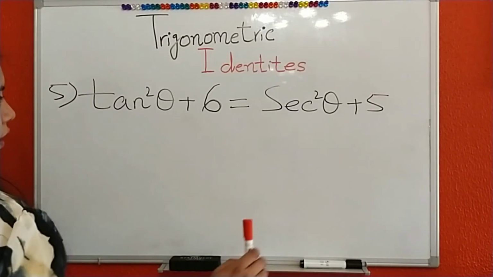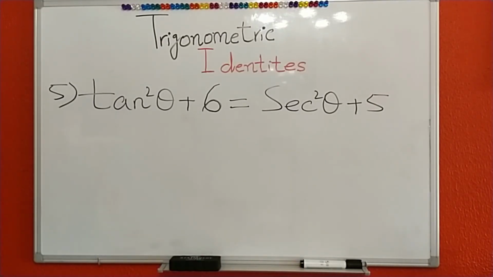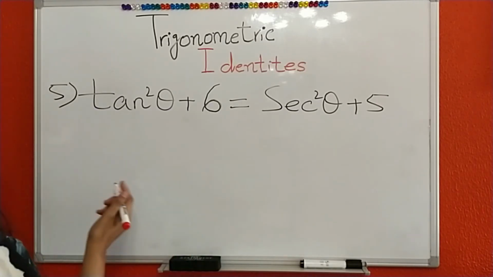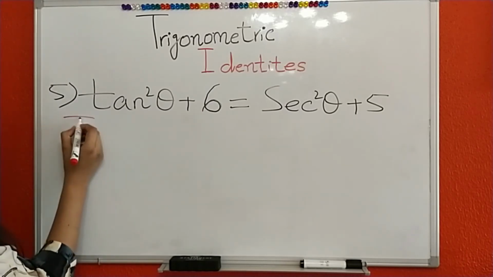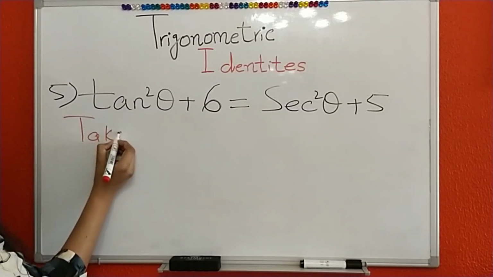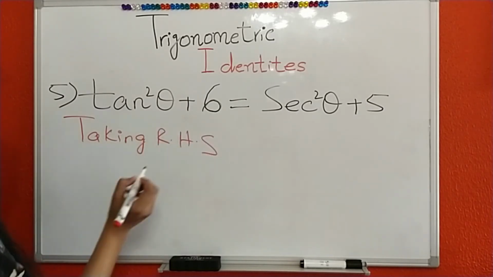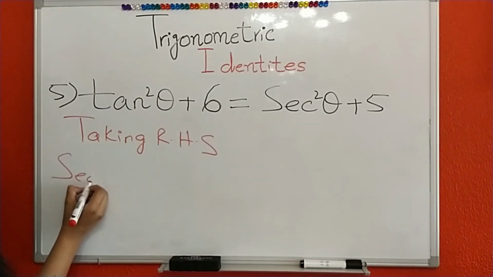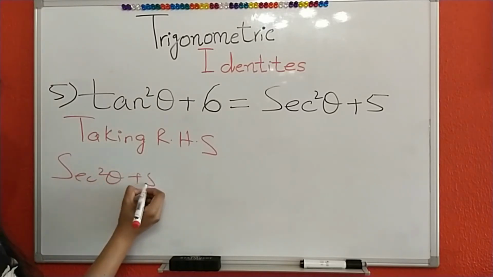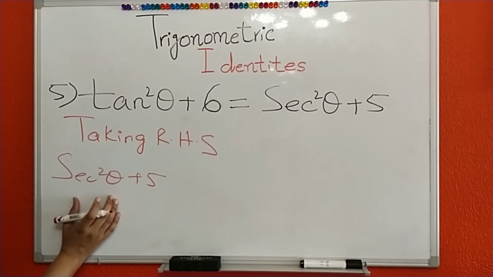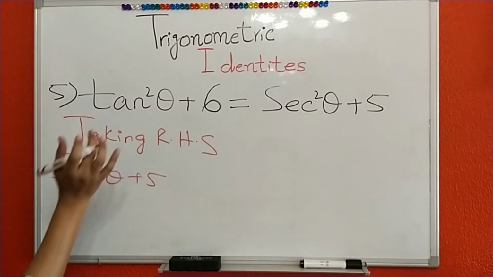Okay, I have a very easy question here. I can do any side. Here I am taking the right hand side, sec²θ plus 5. I need to convert the secant into tangent.